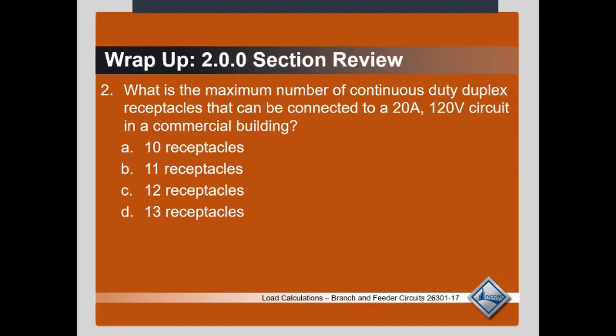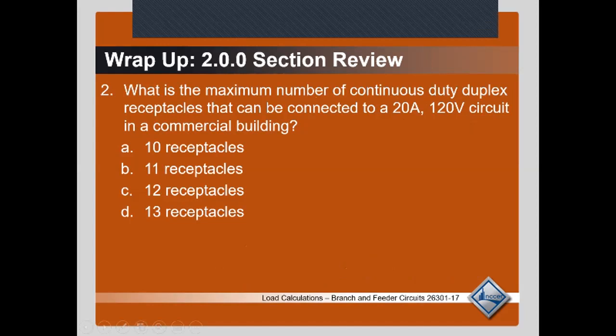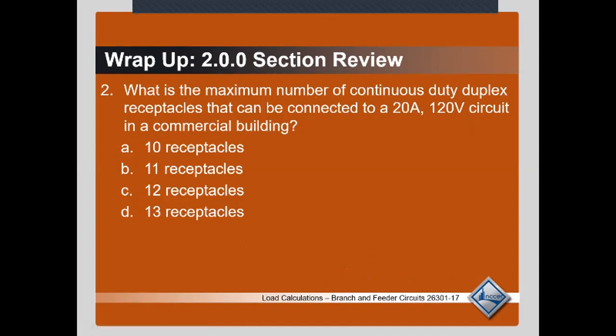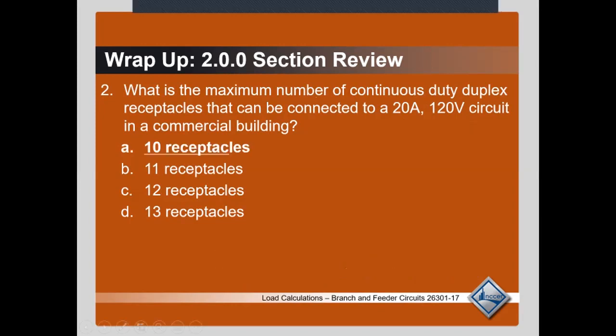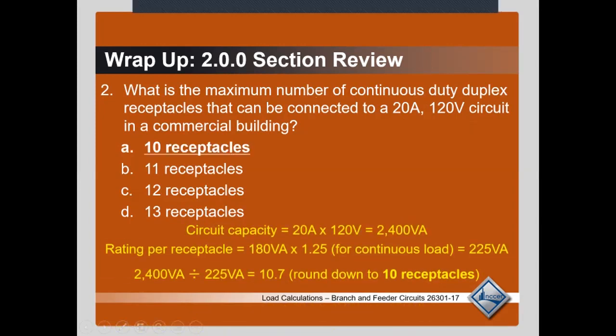What is the maximum number of continuous duty duplex receptacles that can be connected in a 20 amp, 120 volt circuit in commercial buildings? Duplex receptacles. Remember what we said? 180 volt amps, right? Per outlet. So what is the maximum number of continuous duty duplex receptacles that can be connected to a 20 amp, 120 volt circuit in a commercial building? 10.